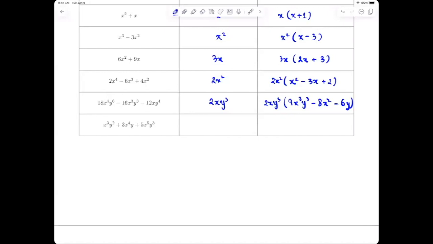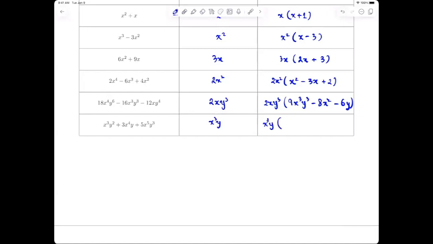All right, what about the last one? Yes. x cubed. Yeah, x cubed what? Yeah, we get x cubed y, right? Good. x cubed y.